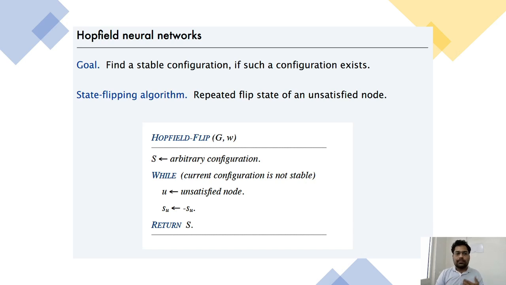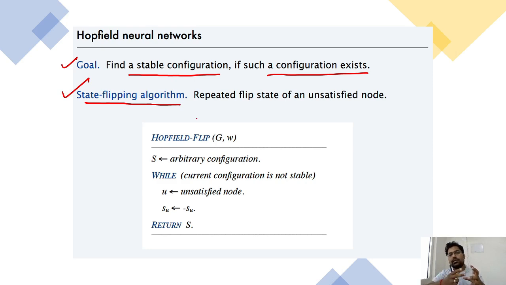Next, we are following how do we find a stable one? The goal is to find a stable configuration if such a configuration exists. Clear? Next, a state flipping algorithm we are going to use, where we are just flipping the state. Flipping in the sense, you can say switching the state, a color, the different color we are representing. We have already informed, we have two colors we are going to use.